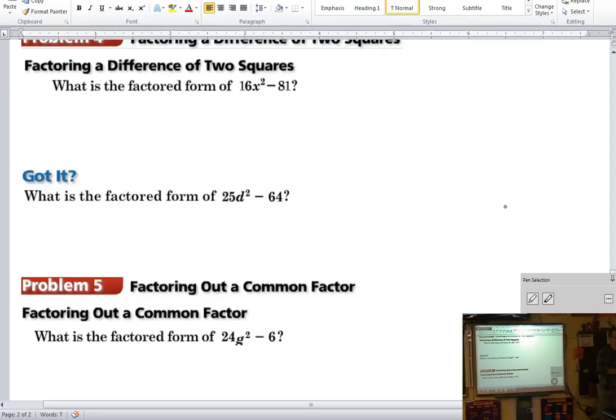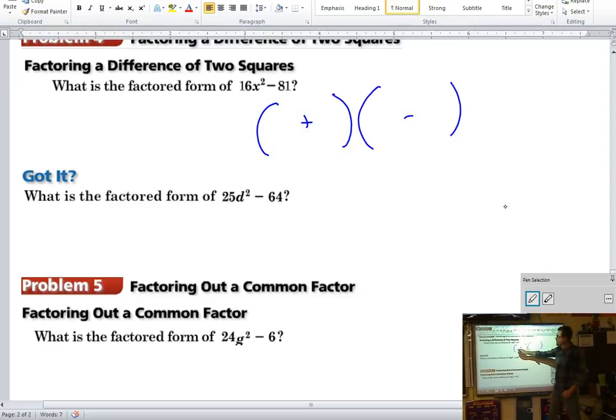No. Because there's no b value here, my binomials have to perfectly match except for that middle sign. That's the only thing that can be different. So whatever happens here with a plus has to happen here with a minus, or vice versa. So square root of 16x is 4x, 4x, 9, negative 9.